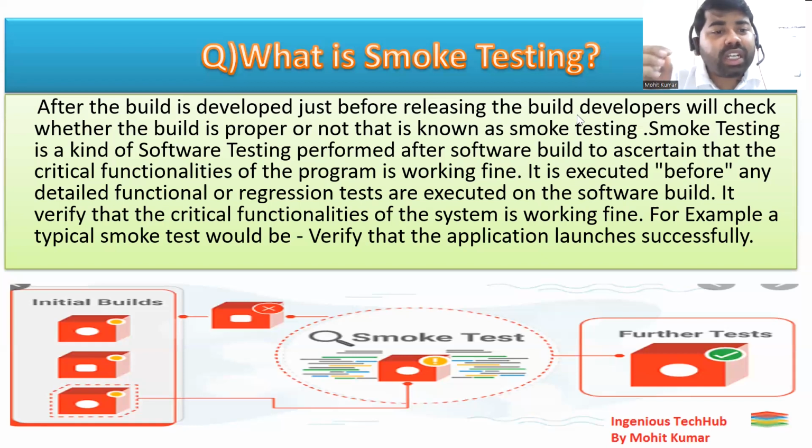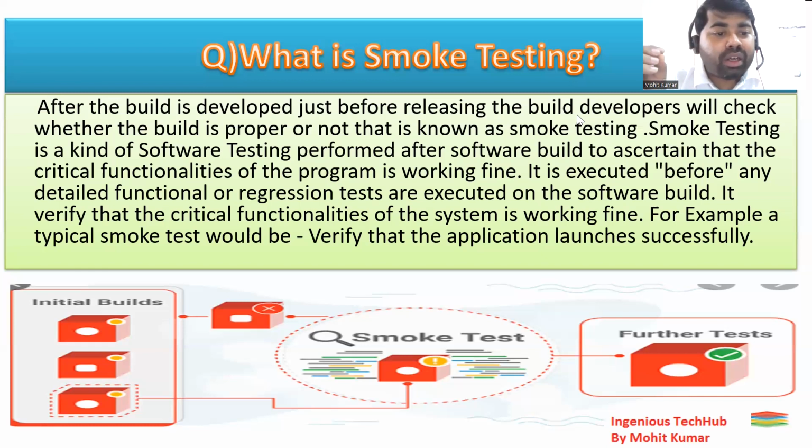Smoke testing is a kind of testing performed after the software build to ascertain that the critical functionality of the program is working fine. It is executed before any detailed functional or regression tests are executed on the software build. It verifies whether the critical functionality of the system is working fine or not.